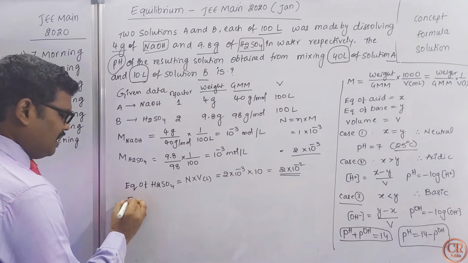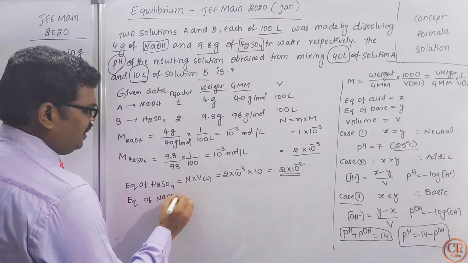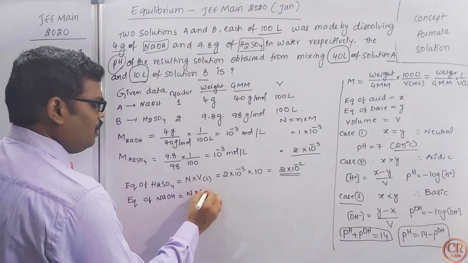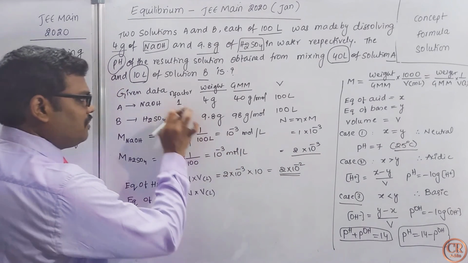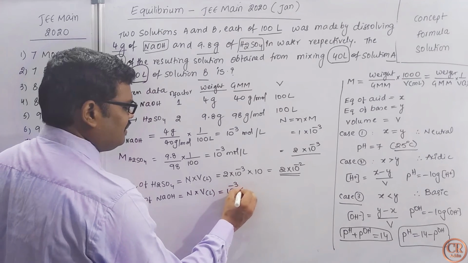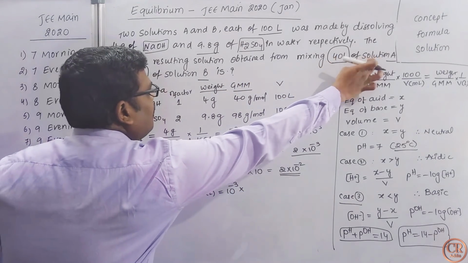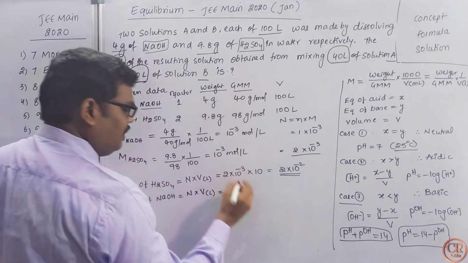Then equivalents of NaOH. Equivalents of NaOH is equal to normality into volume in liters. What is the normality of NaOH? Same as molarity because the n factor is 1. So normality is 10 power minus 3, into, what is its volume? 40. See, 40 liters of A. What is A? NaOH. So 40 liters is the volume.